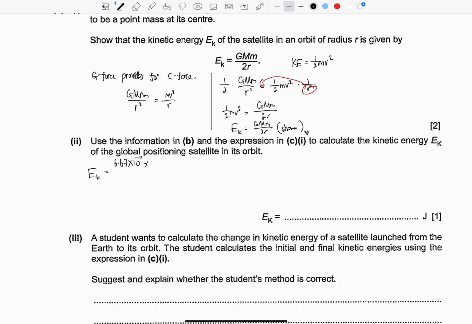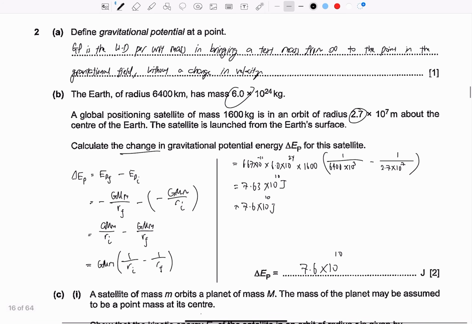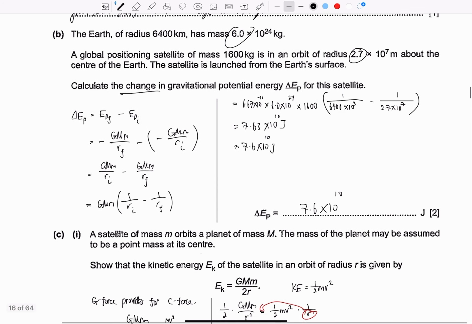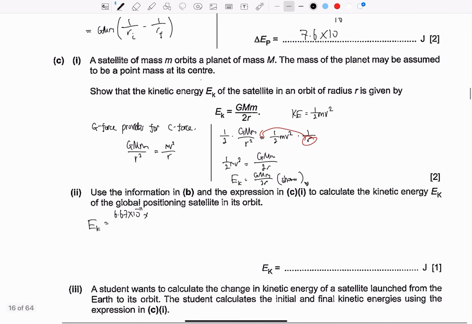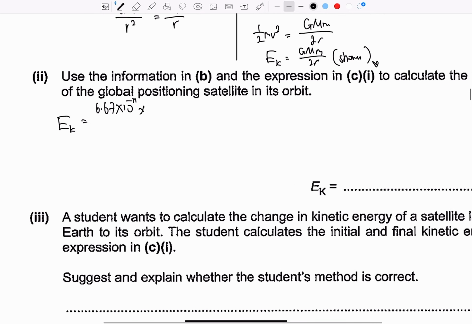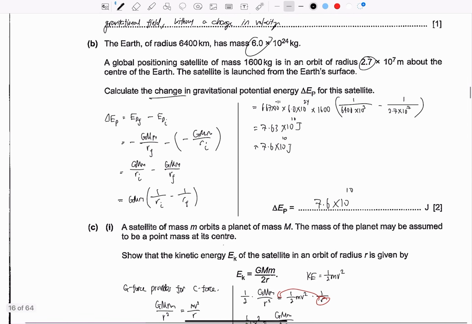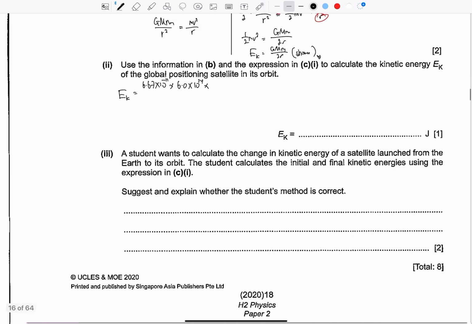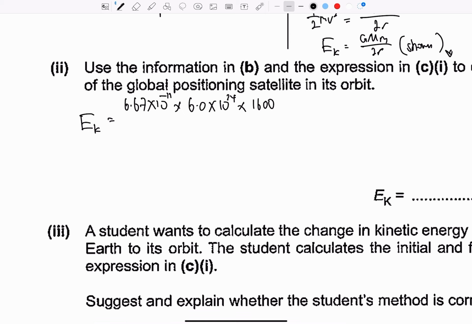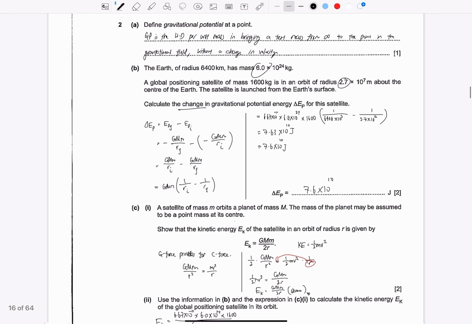Using the information in B, the mass of the planet is 6.0 times 10 to the power of 24, multiplied by the satellite's mass, which is 1,600 kilograms, GMm all over 2r, where r is 2.7 times 10 to the power of 7 meters.